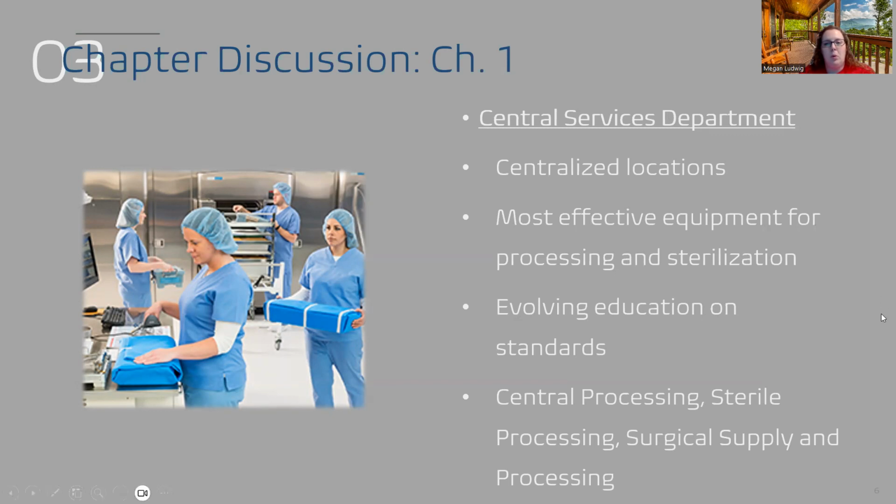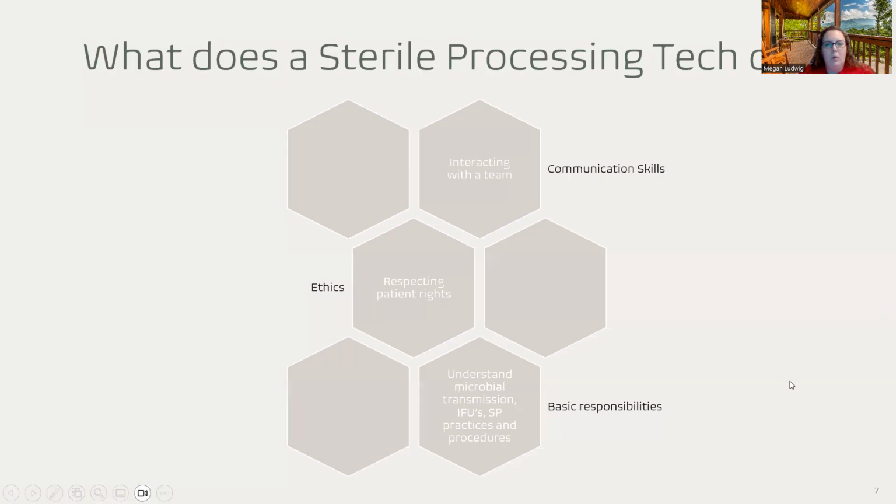So that's very important. So what would you be doing as a sterile processing tech? I would assume maybe by now you have at least a good idea, right? But some of these things you don't often think about as being part of your job description. One of them is being a good team member. You have to interact with not just people in your department, like the sterile processing tech working next to you.